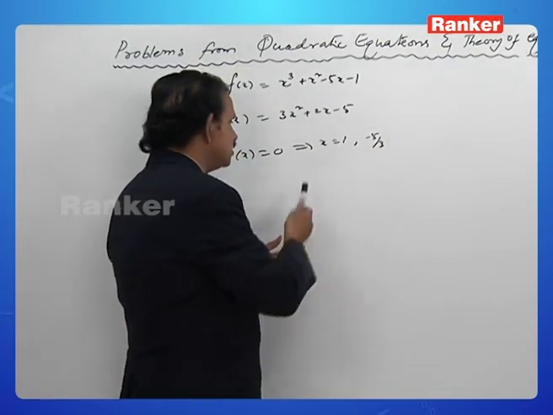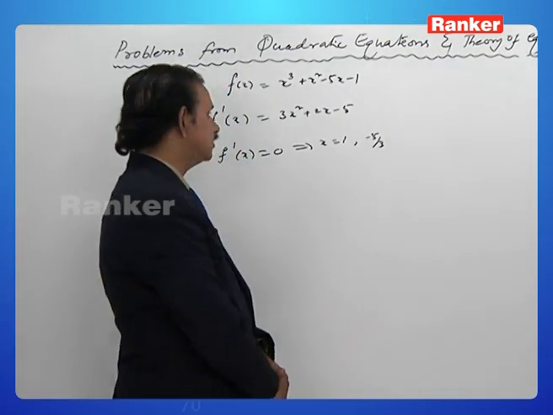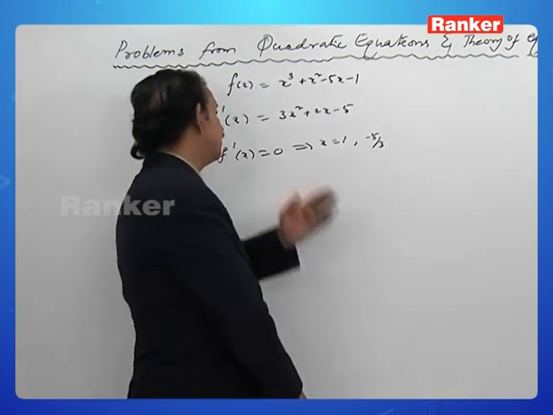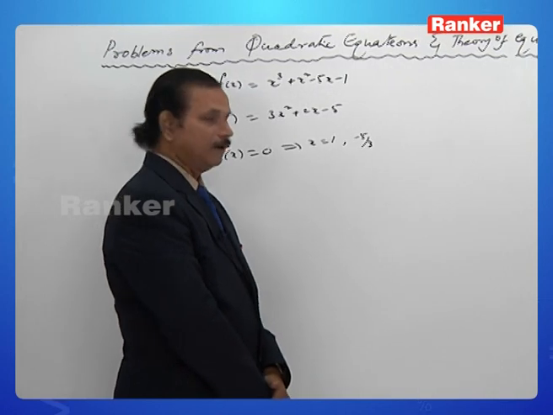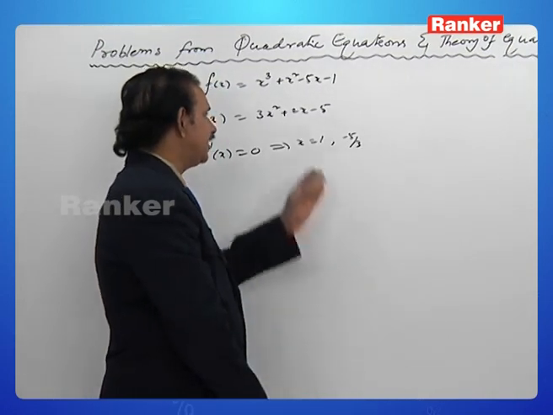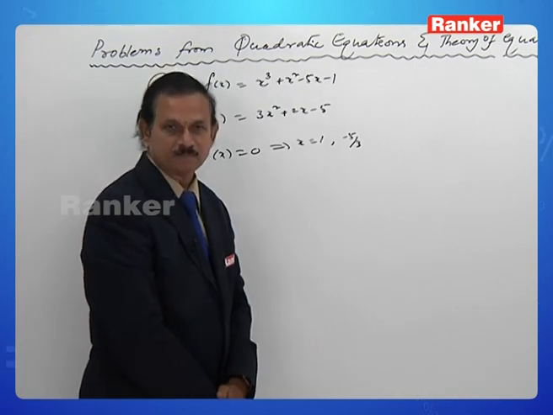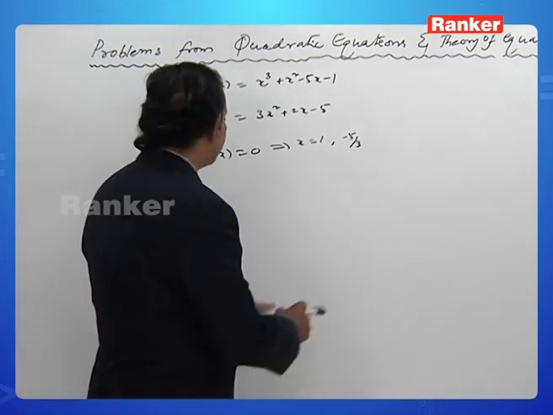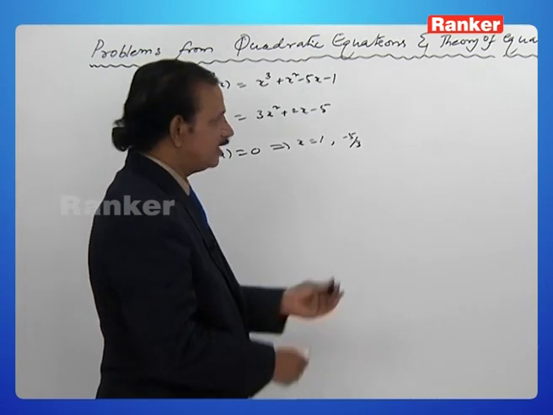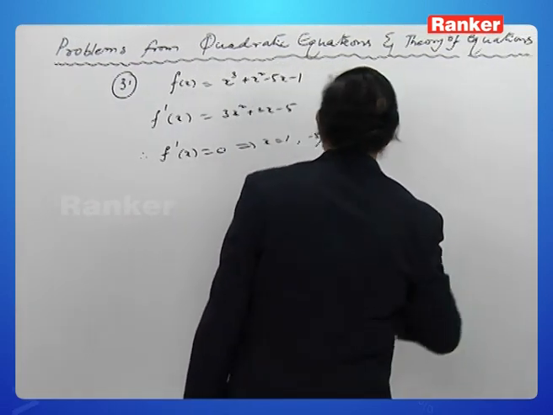By noting these stationary values, x equal to 1 and x is equal to minus 5 by 3, if at all the function f of x attains either maximum or minimum, they can be attained at 1 and minus 5 by 3 itself. Well, we could have got an idea. 1 and minus 5 by 3. Let us try to trace the graph of this.